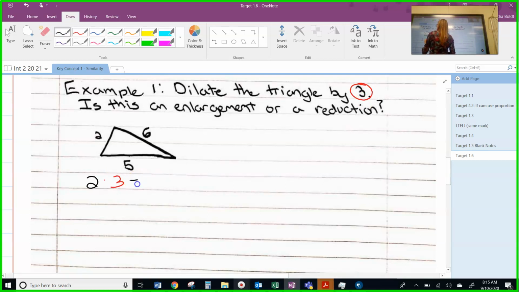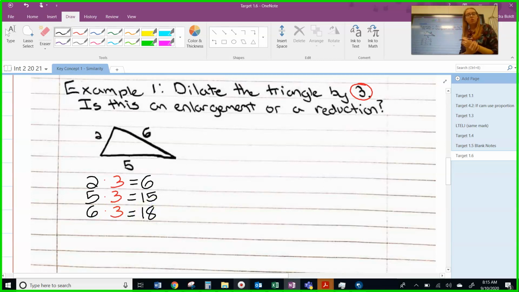So 2 times 3 is 6. 5 times 3 is 15. And 6 times 3 is 18. Okay? So these are the new sides of my triangle.